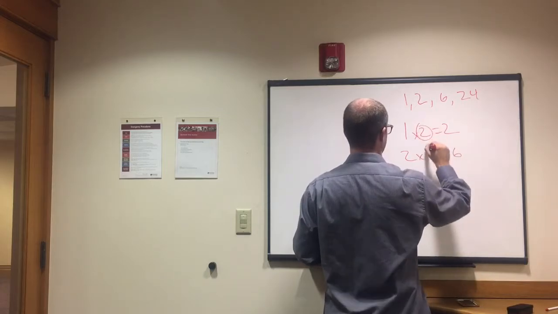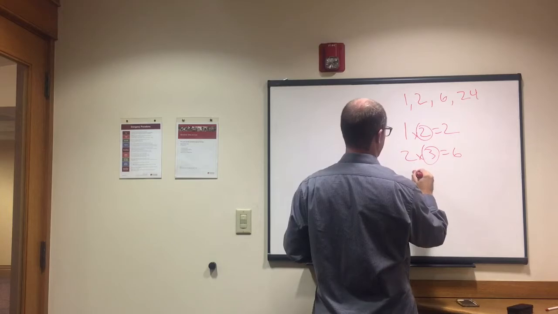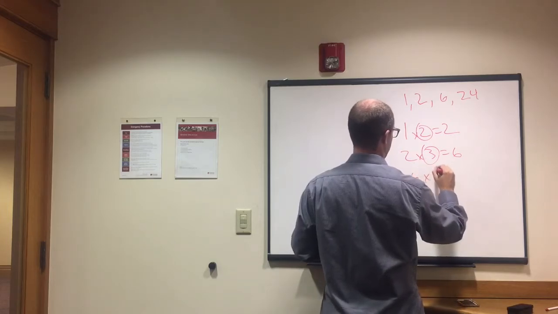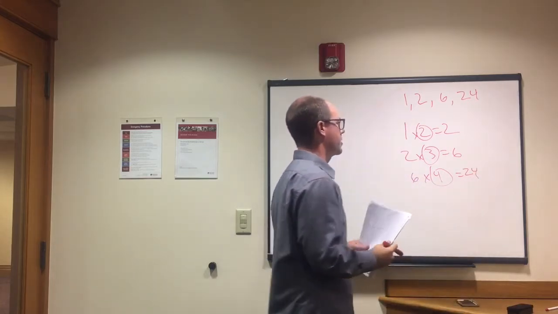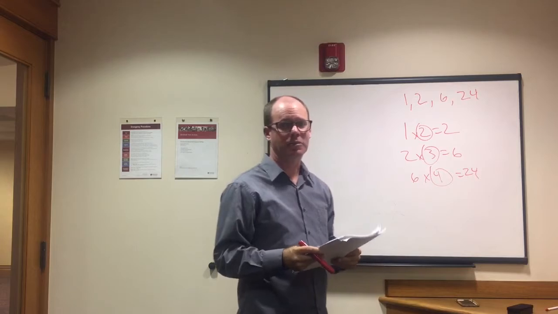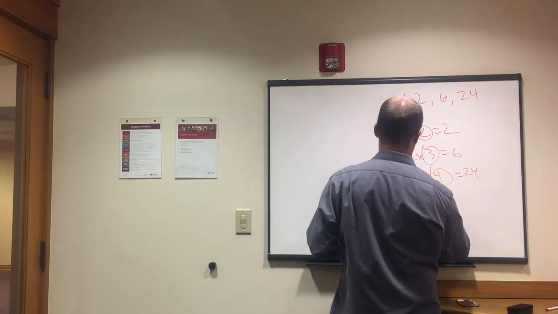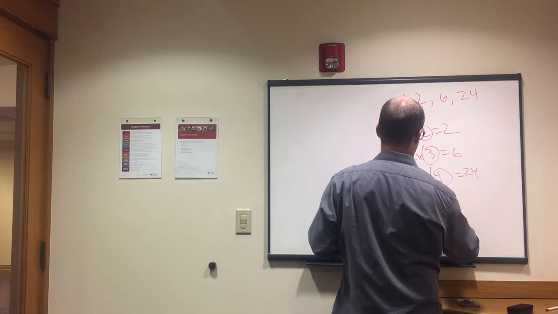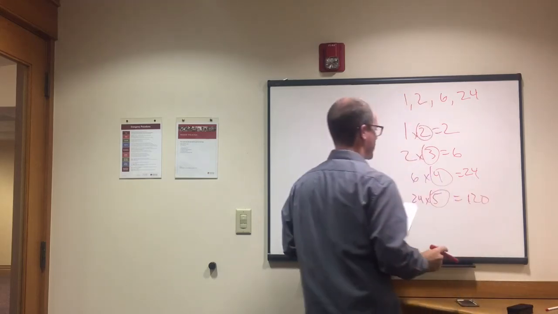So the first time we multiplied by 2, second time we multiplied by 3, and we have 6 times 4 equals 24, right? So it's gone times 2, times 3, times 4. What do you think the next number is going to be? Times 5, right? So we have 24 times 5. And that equals 120.